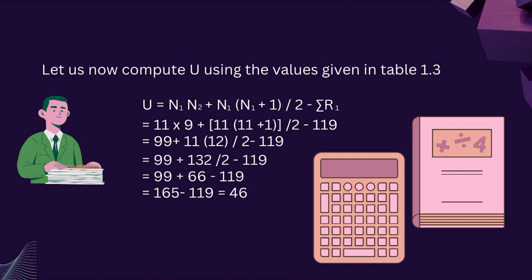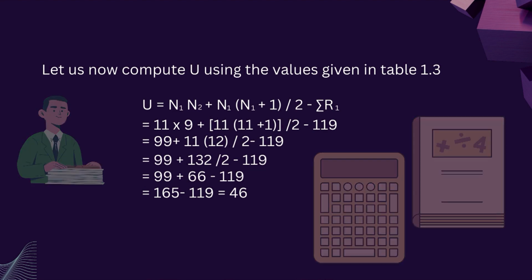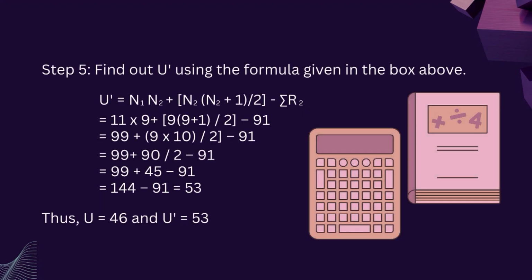So, the total value would be 46. Find out U dash. Now, let us compute U dash using the formula as given. U dash is equal to n1 multiplied by n2 plus n2 (n2 plus 1) divided by 2 minus summation R2, and the value would be 11 into 9 plus 9 into (9 plus 1) divided by 2 minus 91.